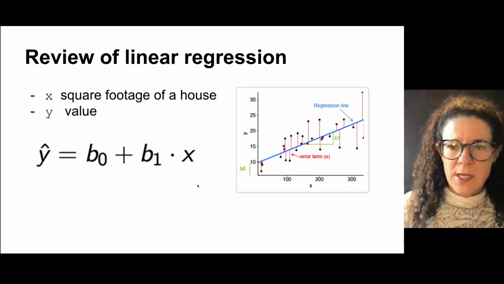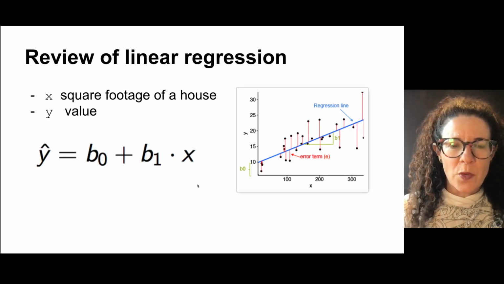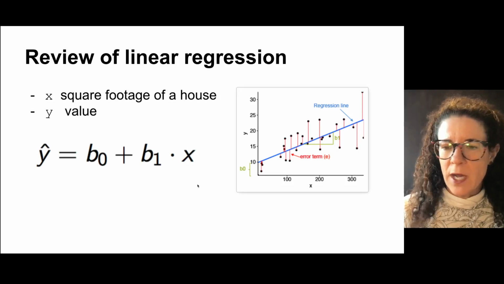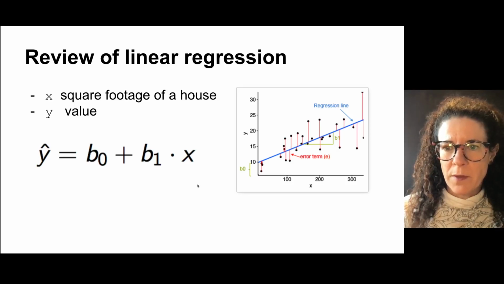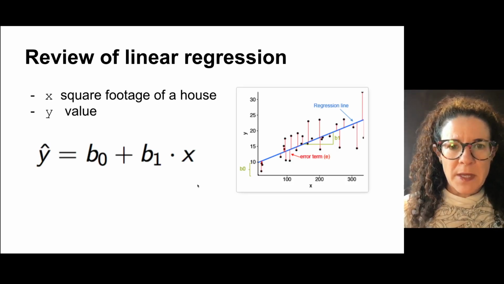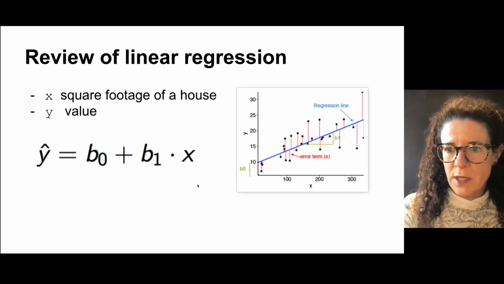As you have studied before, here's an example of a linear regression model. We have our x, which is the square footage of a house, and our y, which is the value of the house. We want to model this problem by assuming that our prediction is a linear model of the square footage of the house.